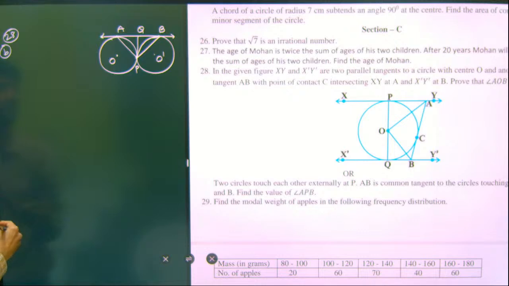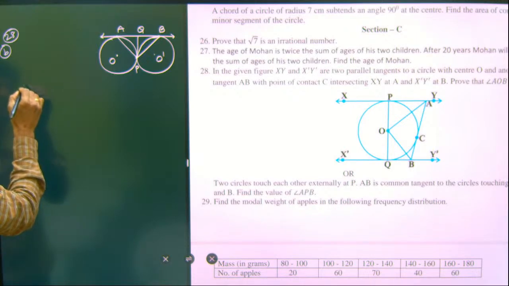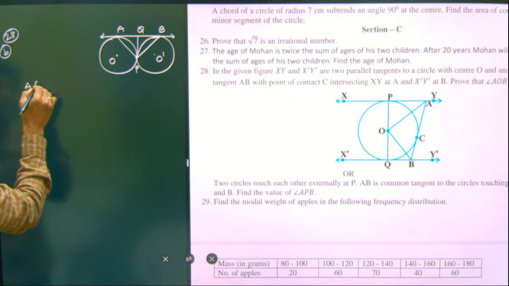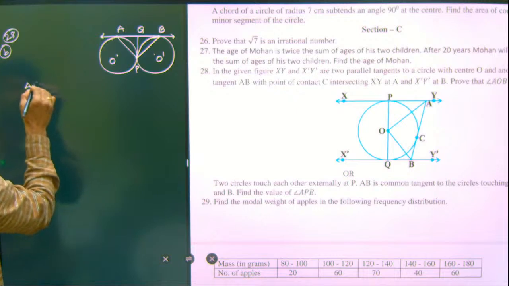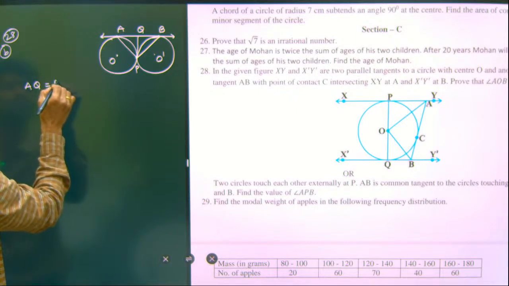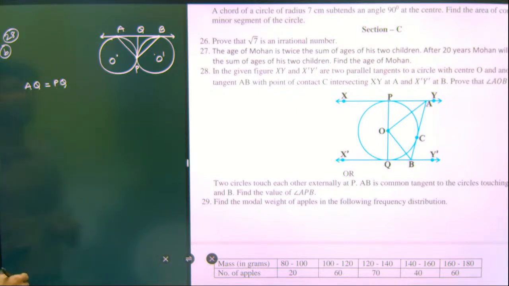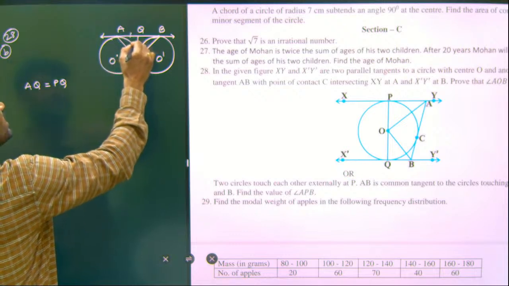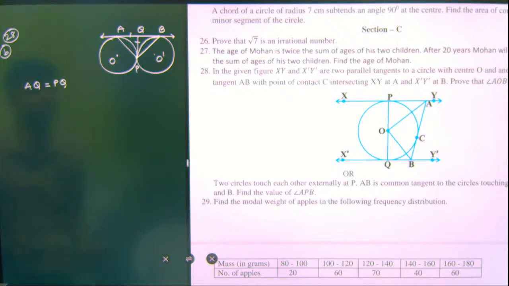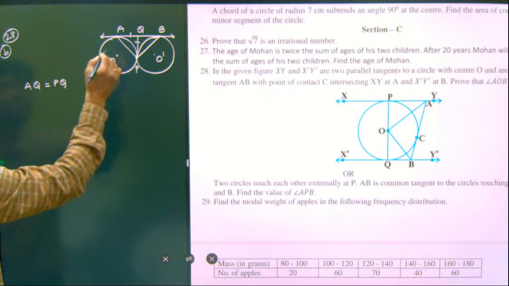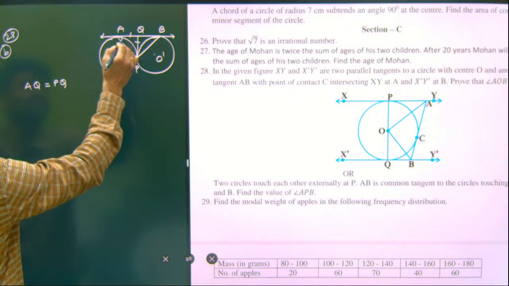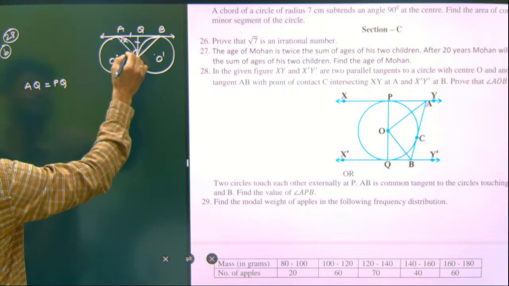To find out angle APB, once you see here in the figure, AQ is equal to PQ. Why is AQ equal to PQ? Because these two are tangents drawn from an external point to the circle. AQ is equal to PQ. When AQ is equal to PQ, these two angles are equal. You can take this angle as x, this angle also x.